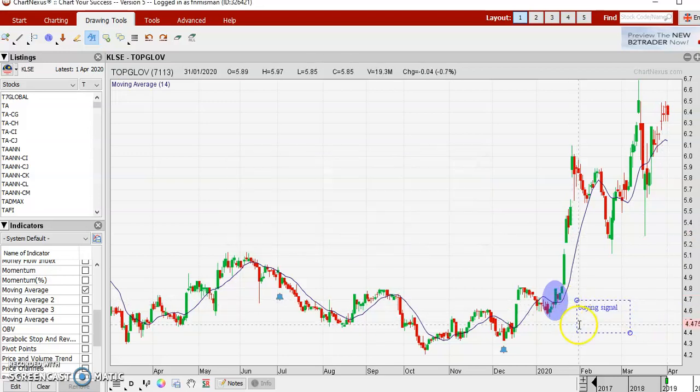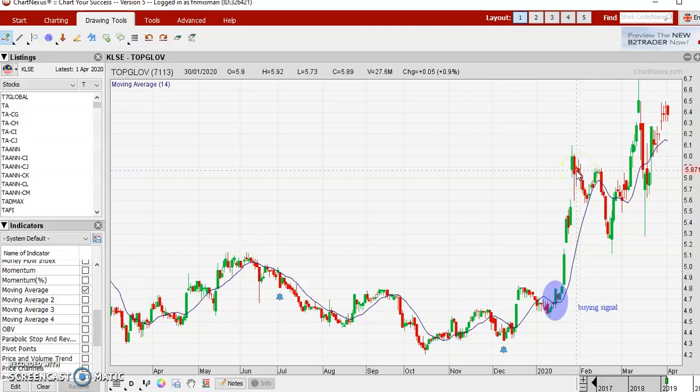This is the first buying signal. Why do I say this is the first buying signal? Because the closing price crosses above the moving average line, and the pattern is showing an uptrend, the candles also showing an uptrend.